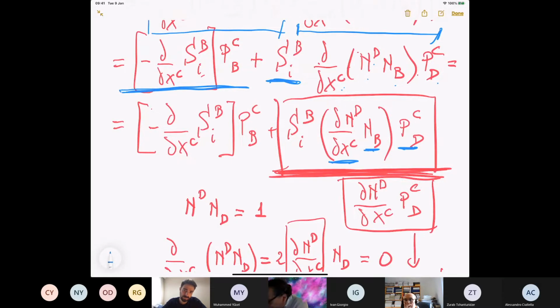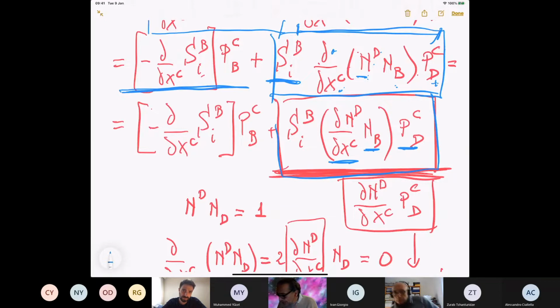Then you have also n_d times d over dx_c of n_b P_cd, but P_cd saturated with n_d is 0 because n projected on the plane is 0. So this term here reduces only to this term.